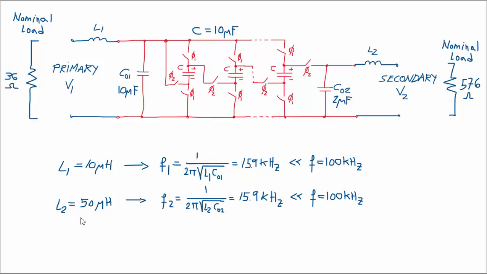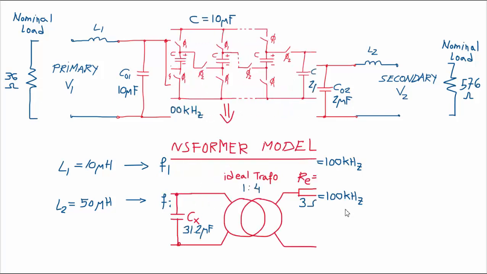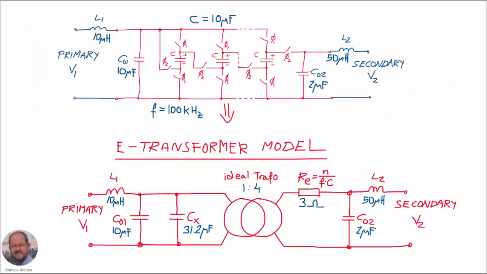And also for the inductance on the other side, on the secondary side, L2, we have selected 50 microhenries, which is going to give the same frequency, very much lower than the switching frequency. So summing up, this is our circuit, the actual circuit of our converter with all the values that we have selected.